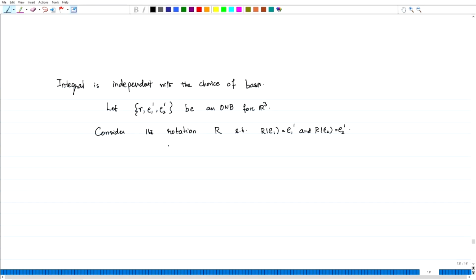Therefore, if u equals u1 e1 plus u2 e2, then we denote Ru equals u prime.